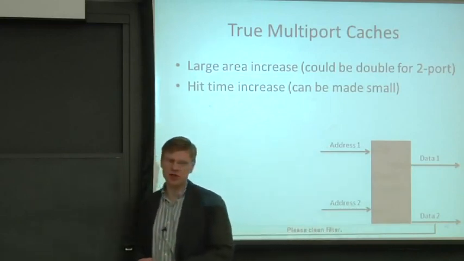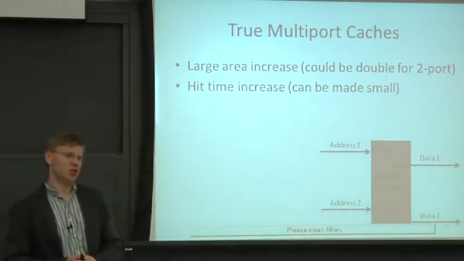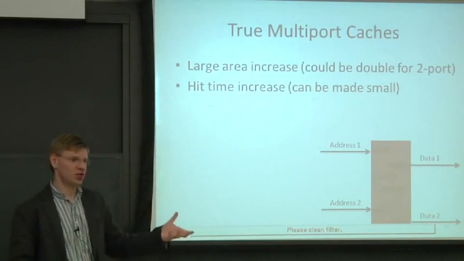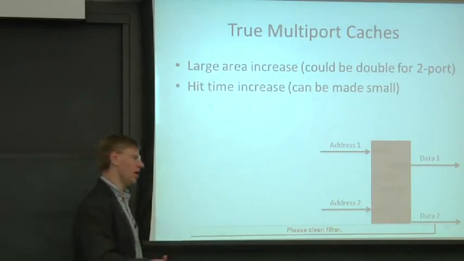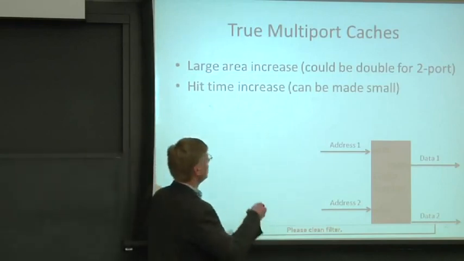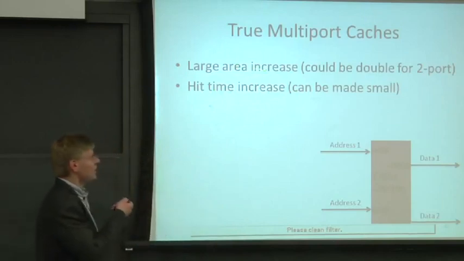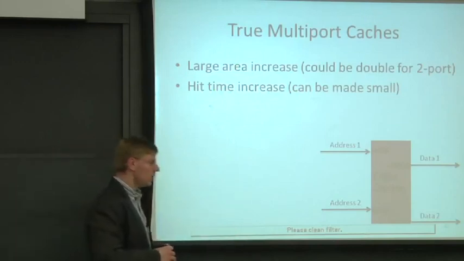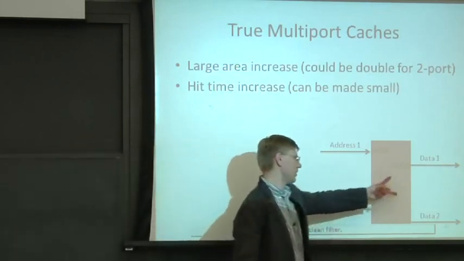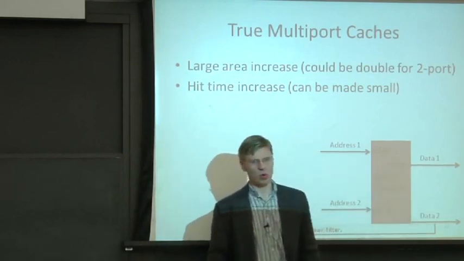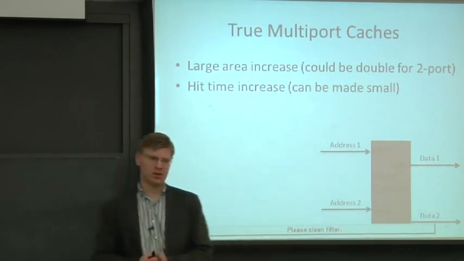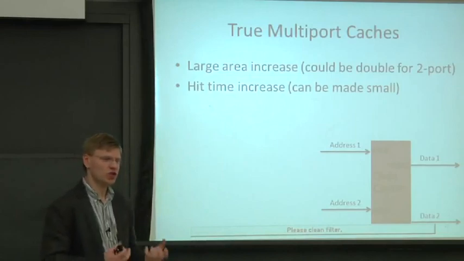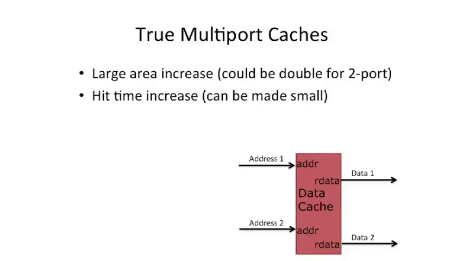And a lot of times how people actually implement this is they basically duplicate the entire cache to get an extra port for a variety of reasons. The area increase could be large, and it could even be double for a 2-read-port and 2-write-port sort of cache. So they don't even share the storage data.